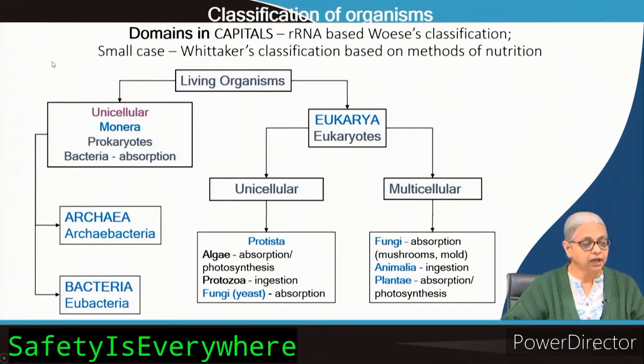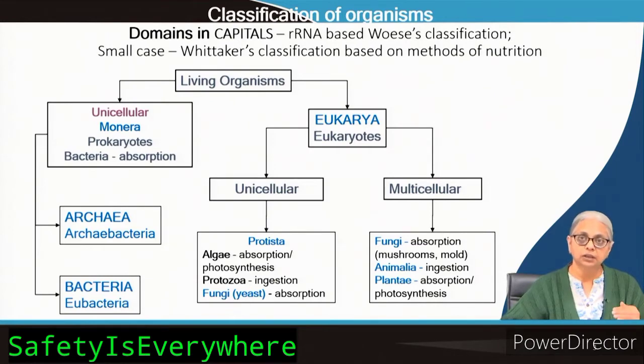And therefore, I've tried to mesh together two different methods of classifying all living organisms. So right at the top, we have two categories, prokaryotes and eukaryotes. All prokaryotes, by definition, are unicellular. There are two very popular methods of classification.